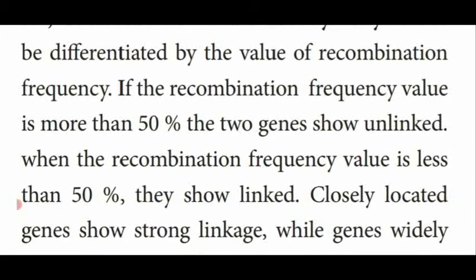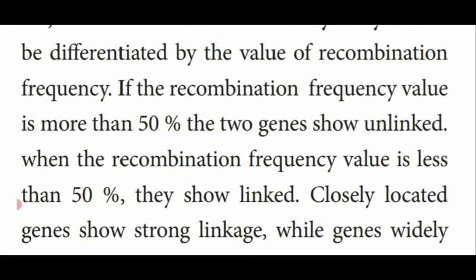It is to be differentiated by the value of recombination frequency. That means we have one formula to calculate the recombination frequency of the chromosome: recombination frequency, RF, equals number of recombinants, that is, newly formed gametes, divided by total number of offspring.